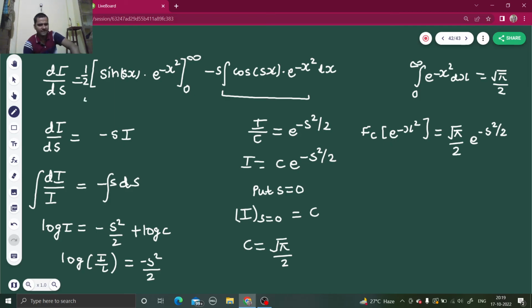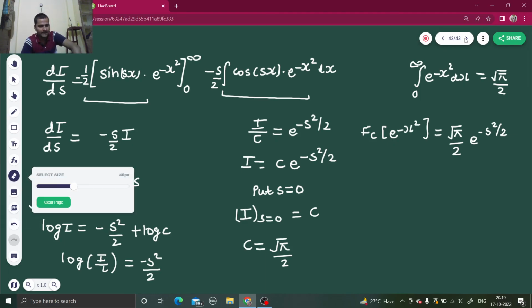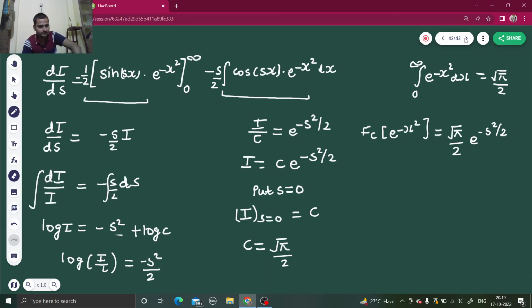This was anyway becoming 0, so that will not impact us. Here you will get a s by 2, a s by 2 here, that will give me s square by 2 and another 2. So I will get s square by 4.